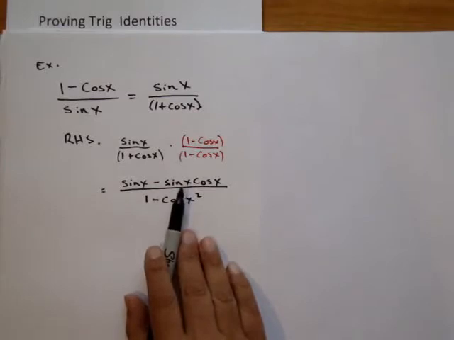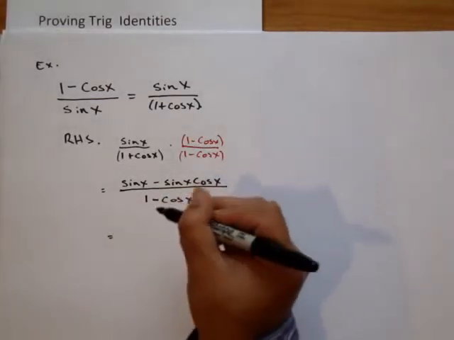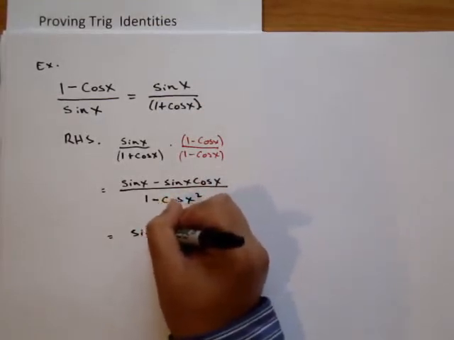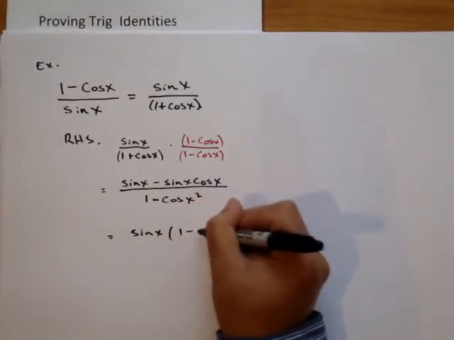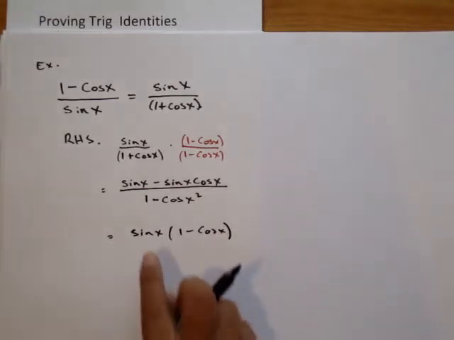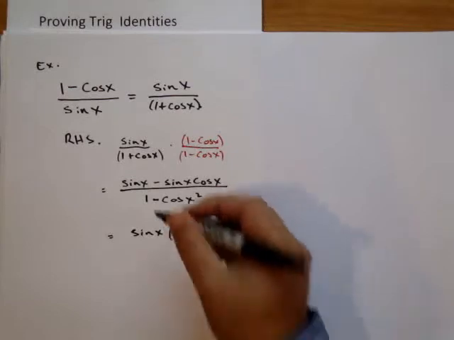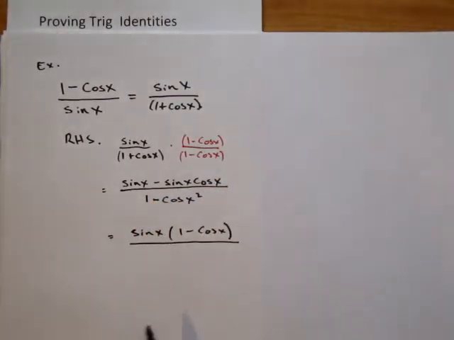Here we can factor out a sin x, so we get 1 minus cos x. That would become sin x minus sin x cos x if we got rid of the brackets. So we'll just factor out sin x.